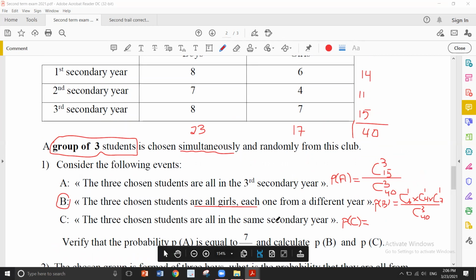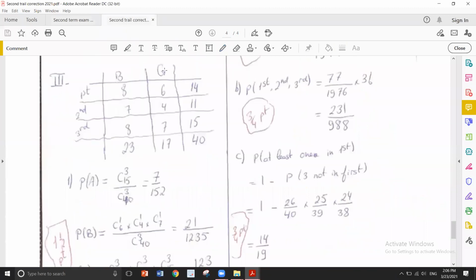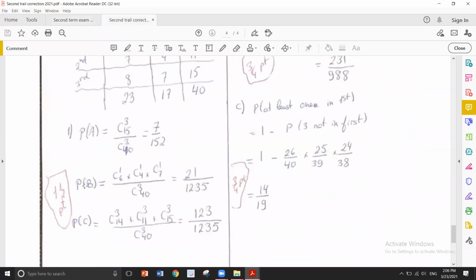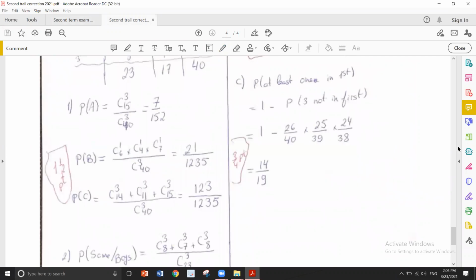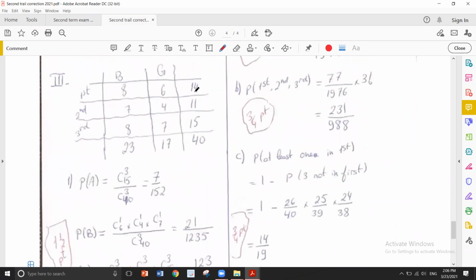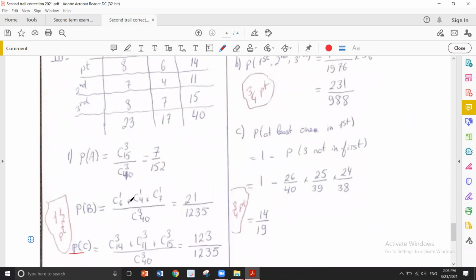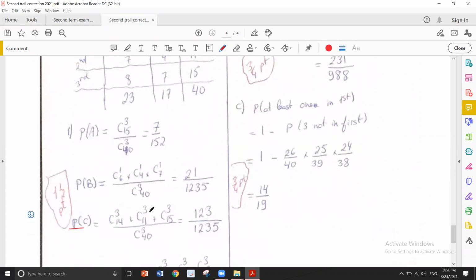It means either 3 from first secondary year, or 3 from second secondary year, or 3 from third secondary. So the probability: I need 3 from the first secondary year, which are 14. 3 from 14, or 3 from 11, or 3 from 15, over 3 from 40.